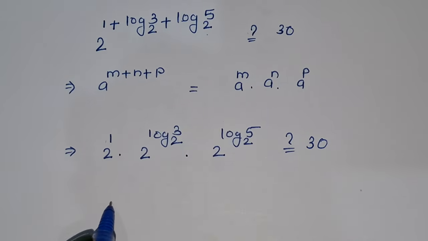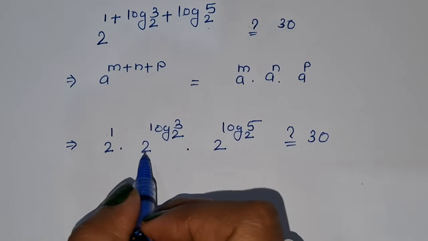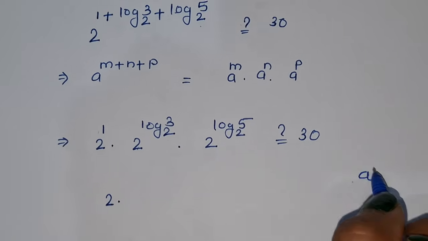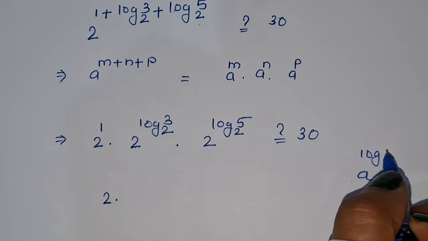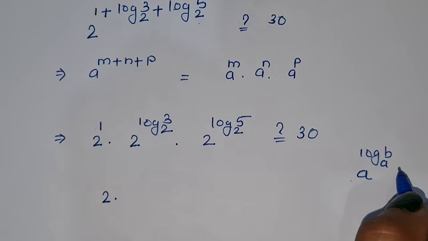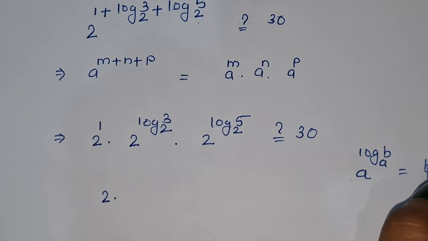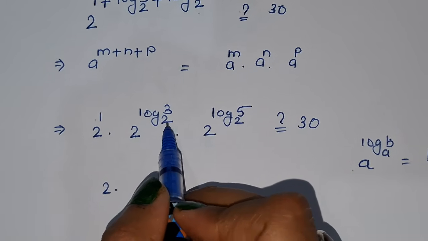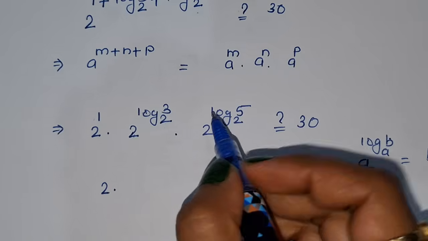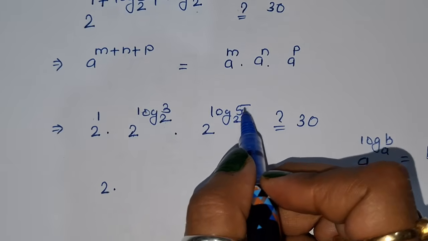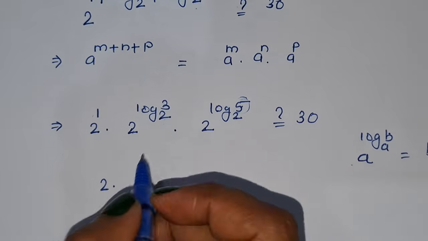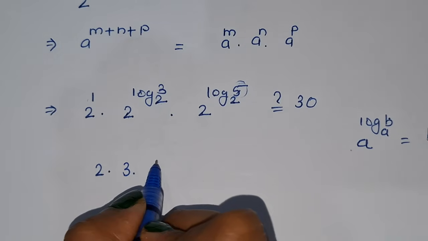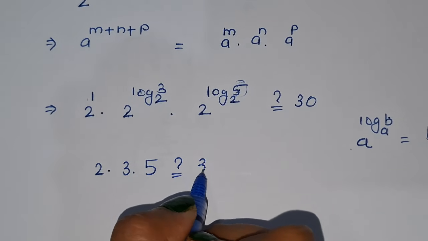Now 2 power 1 is 2, and here 2 power log of 3 to the base 2. Again we are using one formula: if a power log of b to the base a is given, the value will be b. Same here, a power log of b to the base a, the value will be b, right? So we can write this as 2 times 3 times 5, question mark 30.